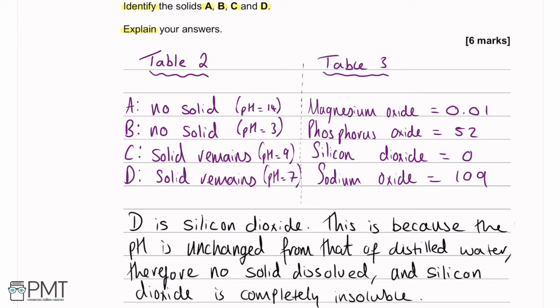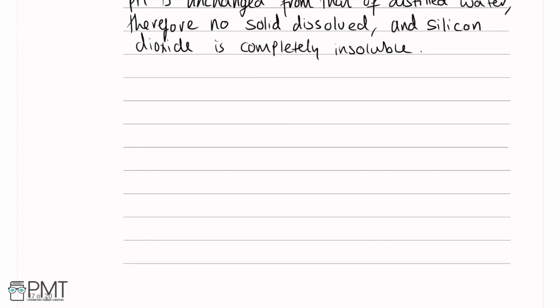So now let's think about C. So for solid C, we're told that some solid remains and the pH is 9. So some of it has dissolved to cause an increase in pH. So C is going to be magnesium oxide. Now from the table we were told that magnesium oxide has a solubility of 0.01.